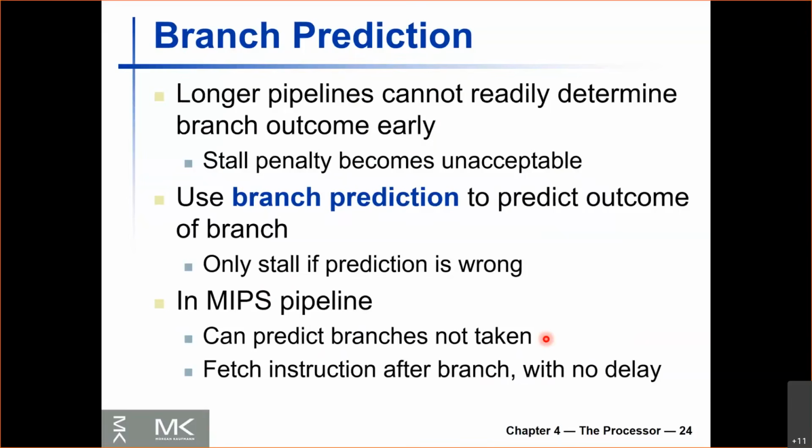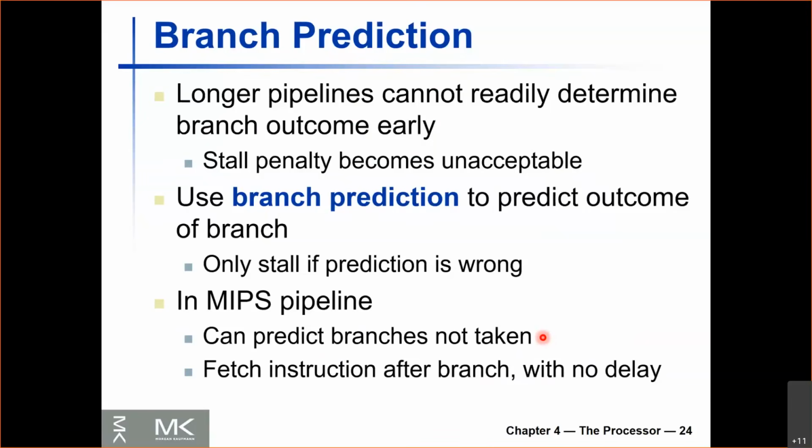This is not the best form of branch prediction. There are better forms, and I will talk about those very shortly. But this is what we're going to do in this class. We're always going to predict that a branch is not taken, and if it ends up getting taken, we're going to replace the instruction that we executed with a bubble.